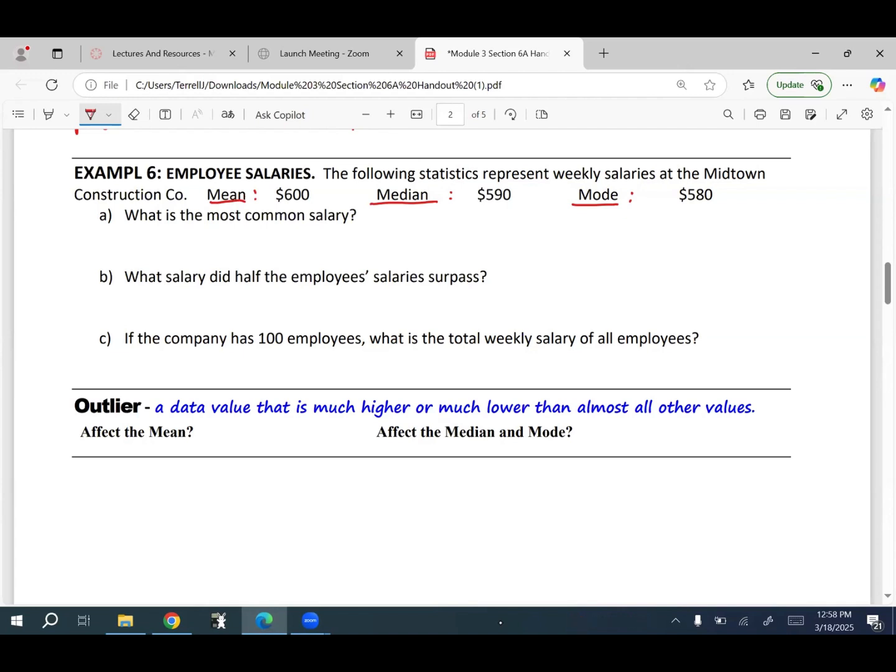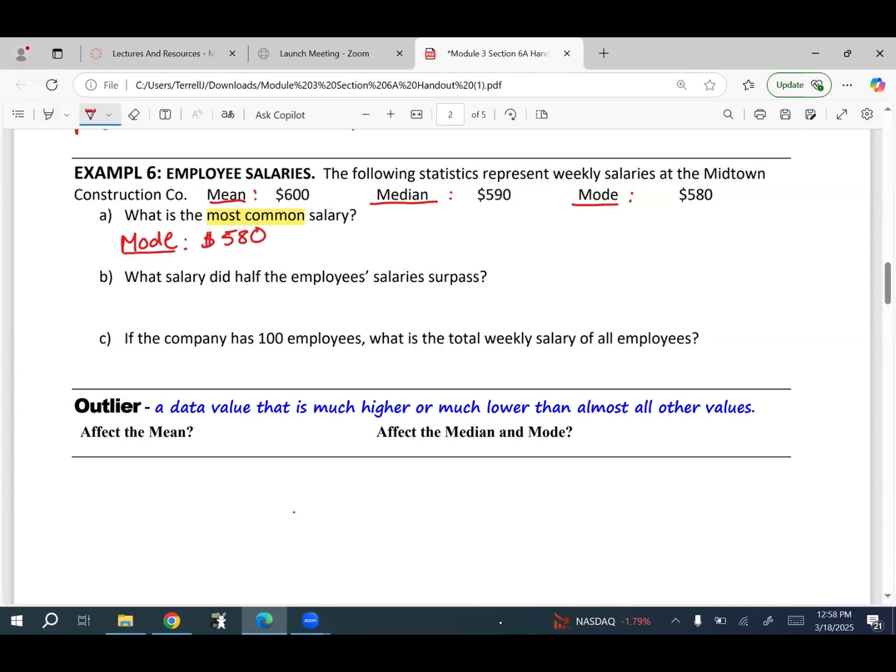The key word here is most common. The only stat here, as far as mean, median, and mode, that represents most common is the mode. The mode is the number that occurs most often, right? In other words, most common. So the most common salary would be 580.